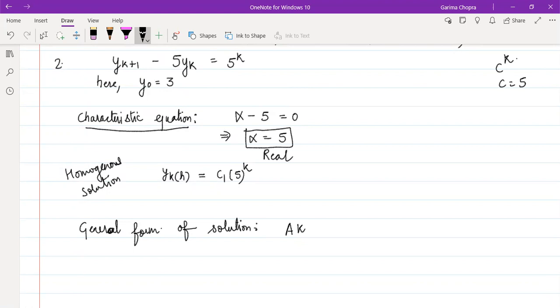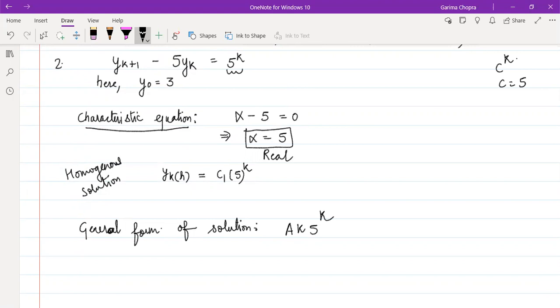If suppose we had this 5 with multiplicity 2, repeating 2 times, then the general form of our solution would have k square. But since the multiplicity is 1 only, we will have a k, then c raised to power k, which is 5 raised to power k.